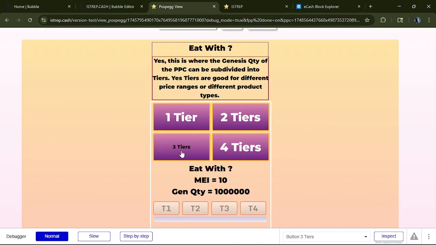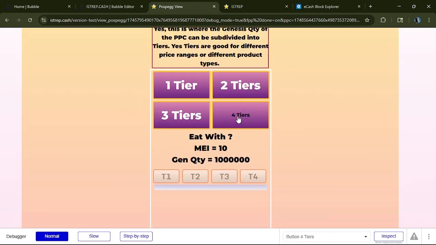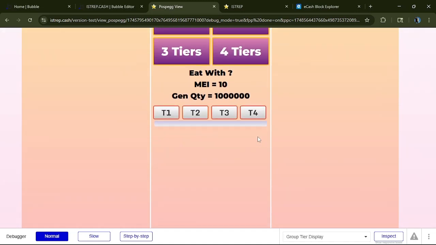But let's say you'd like to have the low tier, the mid tier, the high tier, and the ultra rare tier. You might like to have four tiers, so we'll go ahead and max it out at four tiers to get the best example going.